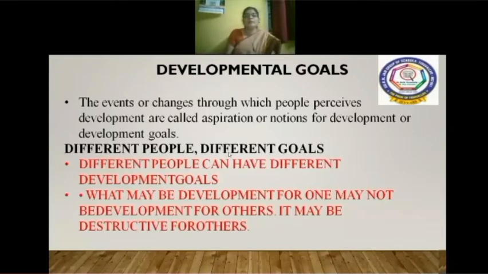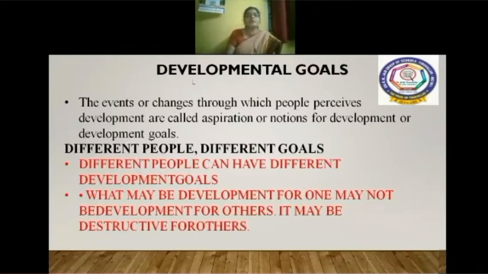Now development goals. As you know, everyone has aspirations in their life, and it is nothing but aims. This aim or aspiration makes a person move from one position to another. So it differs from one person to another also.